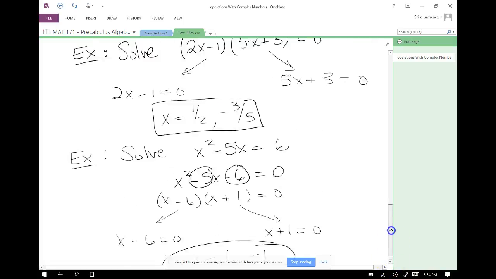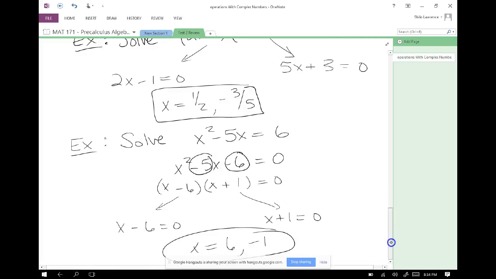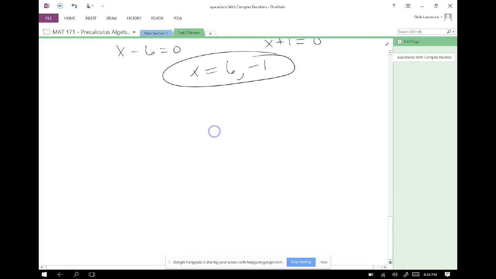The second method for solving is called the square root method. And the square root method can only be done if there's only one x in the whole entire problem.